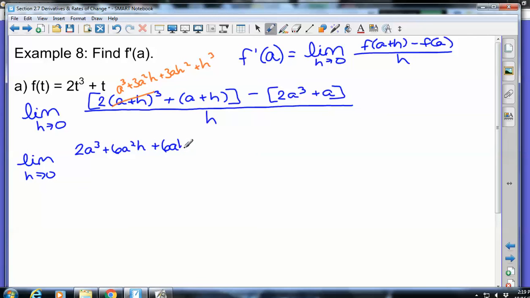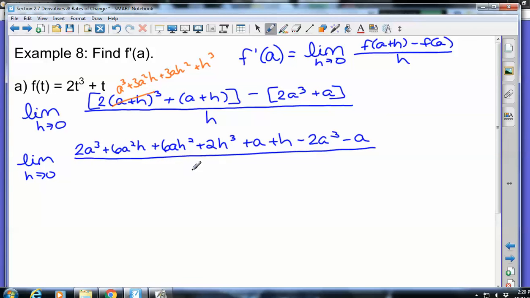So if I distribute my 2, distribute that negative. So what happens?